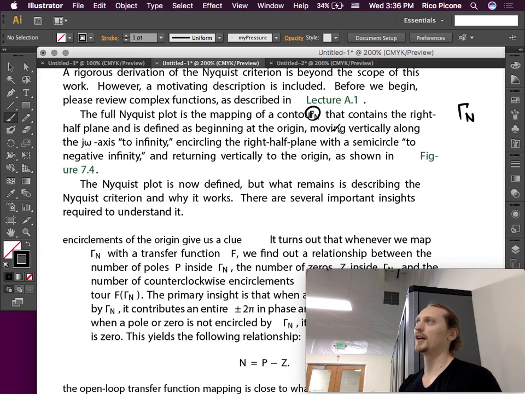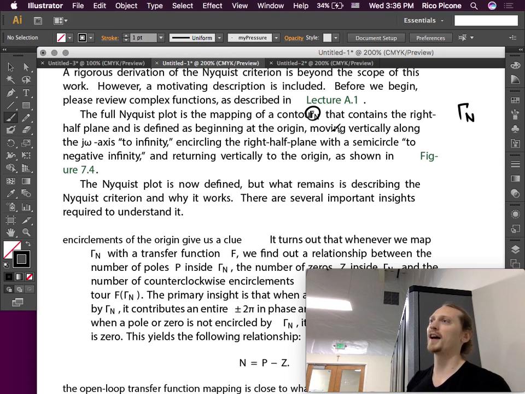So that is a clue. And also, if you have something in the right half plane and you go around a contour, the phase, if it's inside, is going to behave in a predictable manner that's different from the phase if it's outside, right?